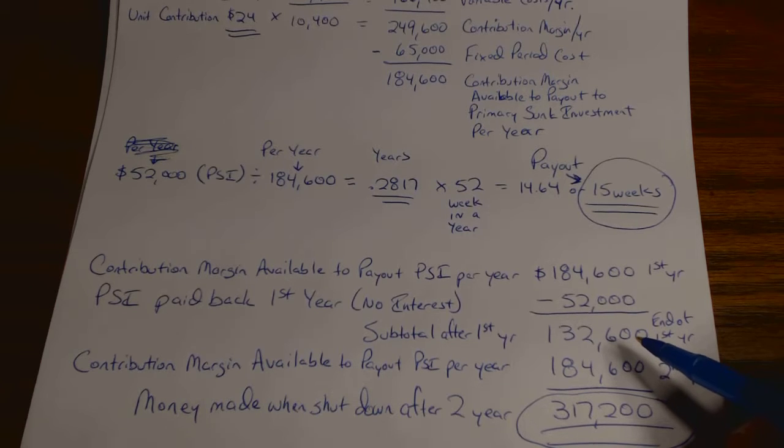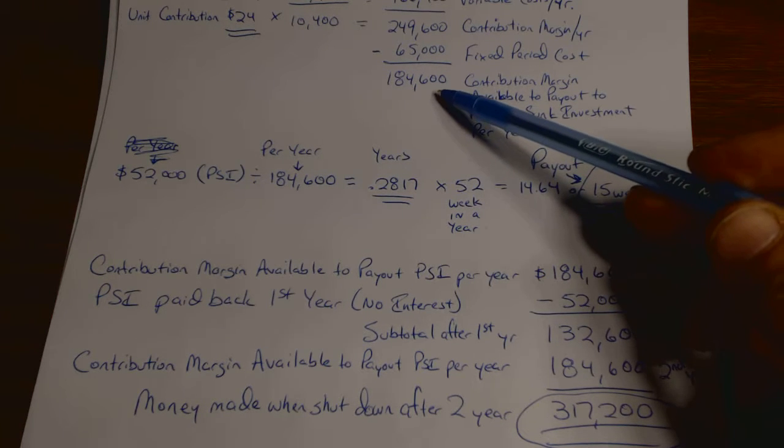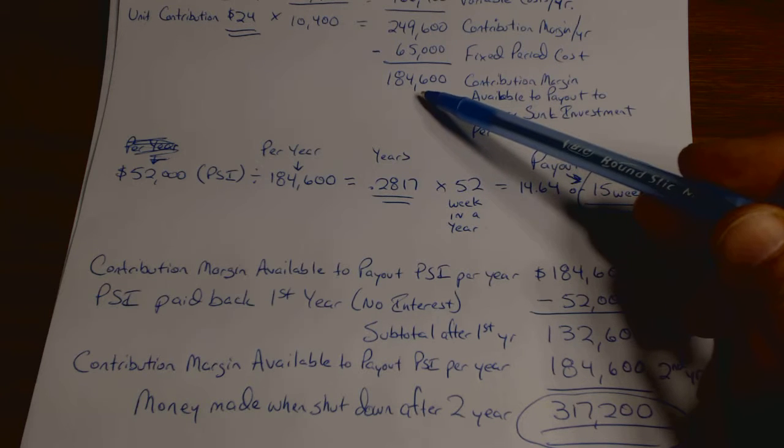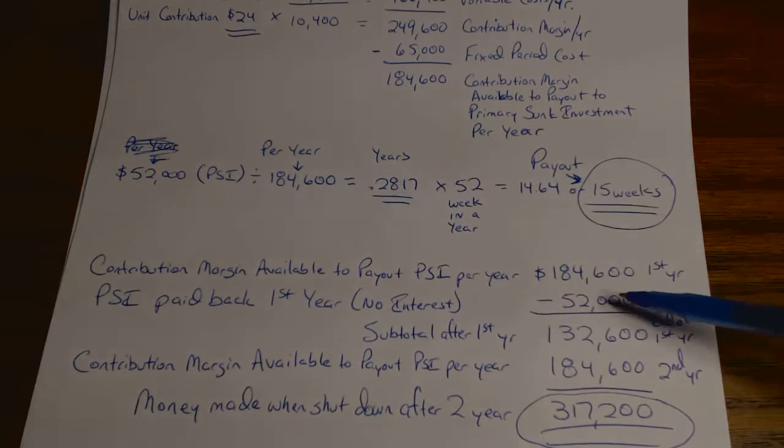That's your profit. Now, they want to know how much you'll have after 2 years. Well, you know that you make 184,600 every year after you've paid off your fixed period costs, right? And you've already paid off your primary sunk investment. We subtracted that right there. So now you don't even have to pay that off. So now you had 132,000 net of paying off the primary sunk investment after the first year.